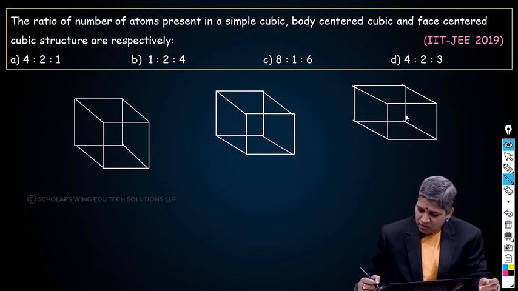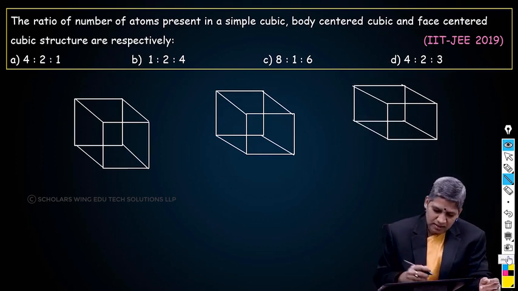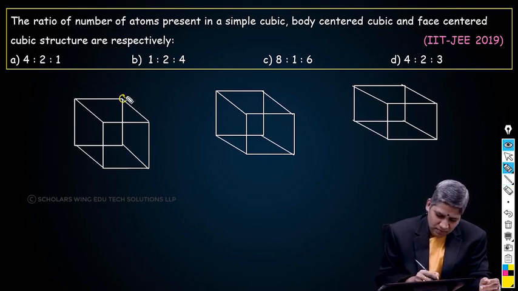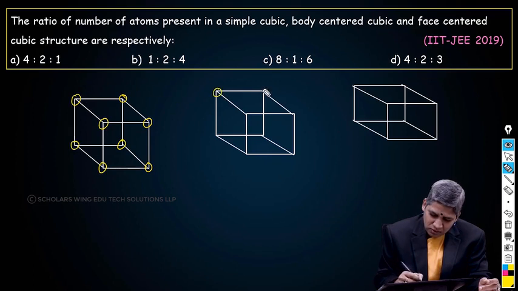Now let's take up the corner fellows. So you have corners. 1, 2, 3, 4, 5, 6, 7, 8. Similarly, in BCC also you'll have all the 8, isn't it? In FCC also you'll have them at the corners.